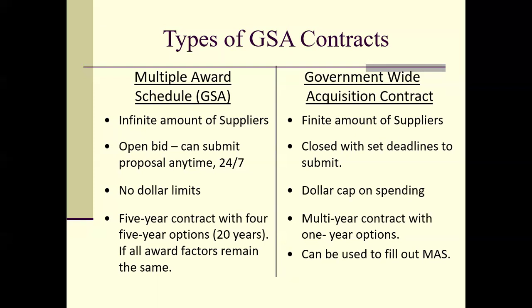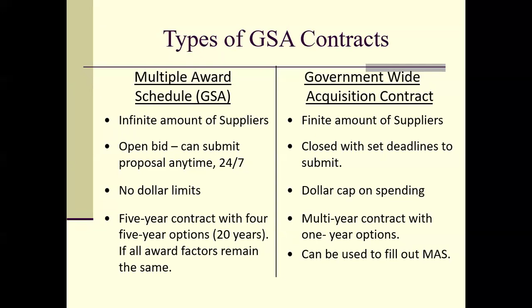Once you have an award on the GWAC, you can take those labor categories and move them and incorporate them into your MAS schedule. I've done that several times with companies, and suddenly where they had 5 or 6 labor categories that they could be competitive with, they suddenly had 50 labor categories and they could be very competitive, and the pricing was out there as well.